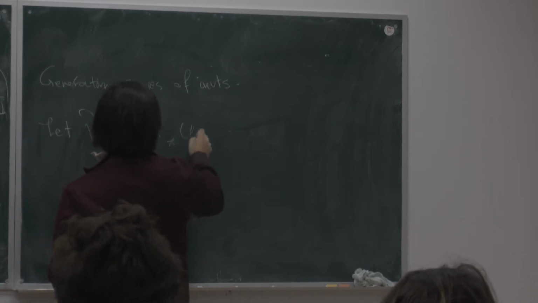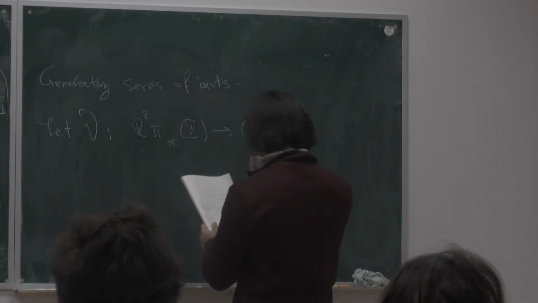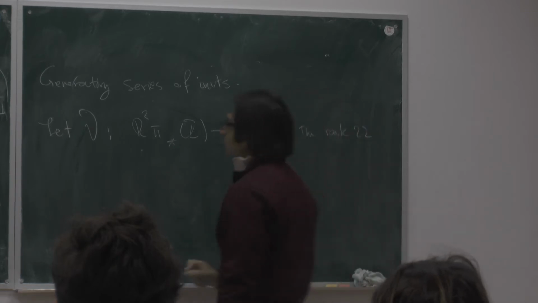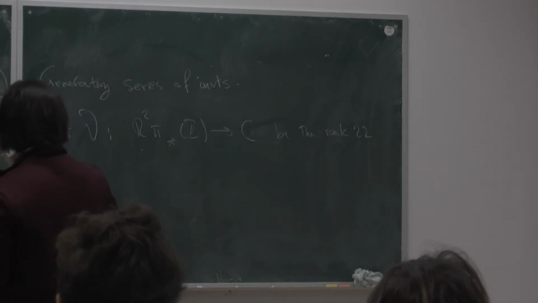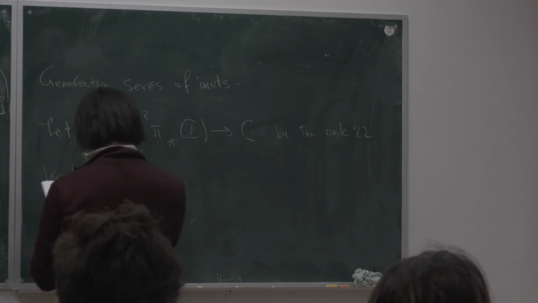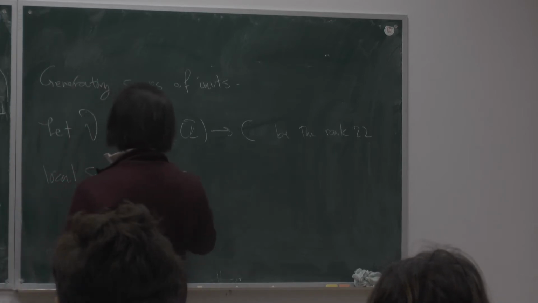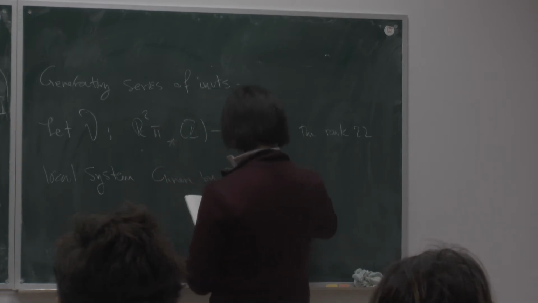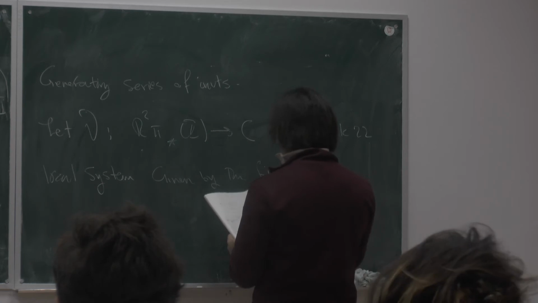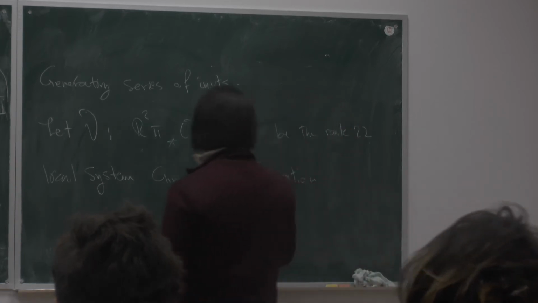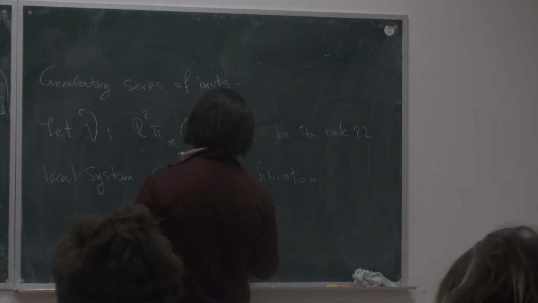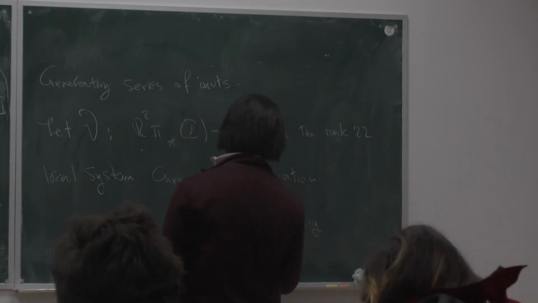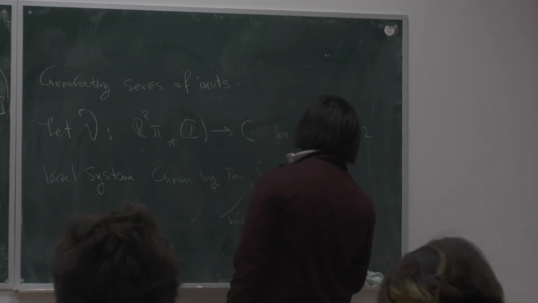Let R2 pi over star of Z onto this curve C be the rank 22 local system given by the fibration, given by the middle cohomology of the K3 fibrations.